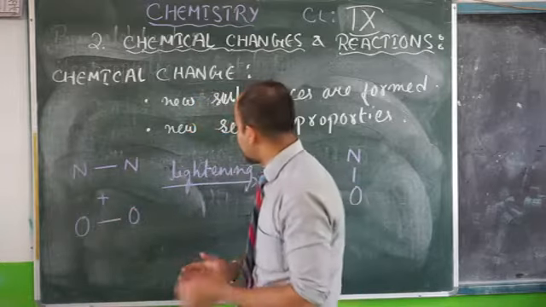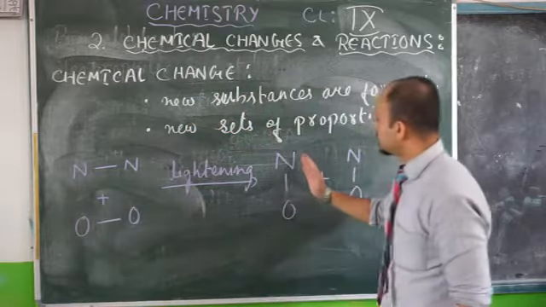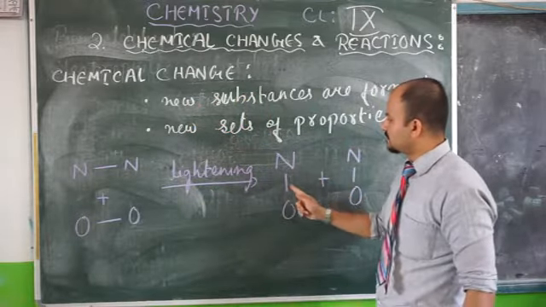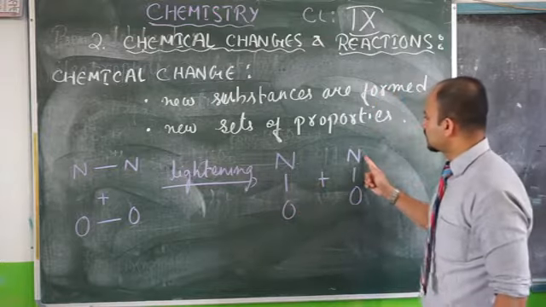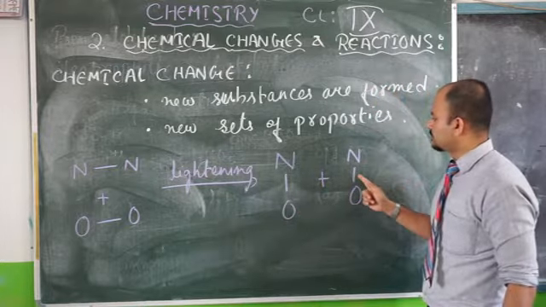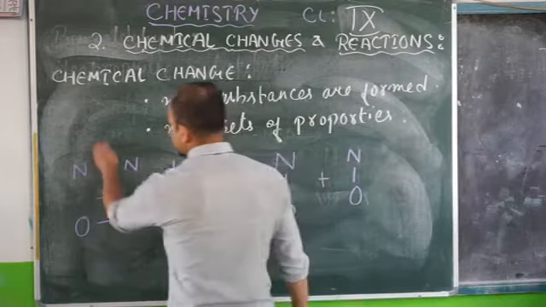Now after lightning, what happens? You can see there is a bond formation between nitrogen and oxygen, and here also the bond is formed between nitrogen and oxygen. So what has happened after lightning?